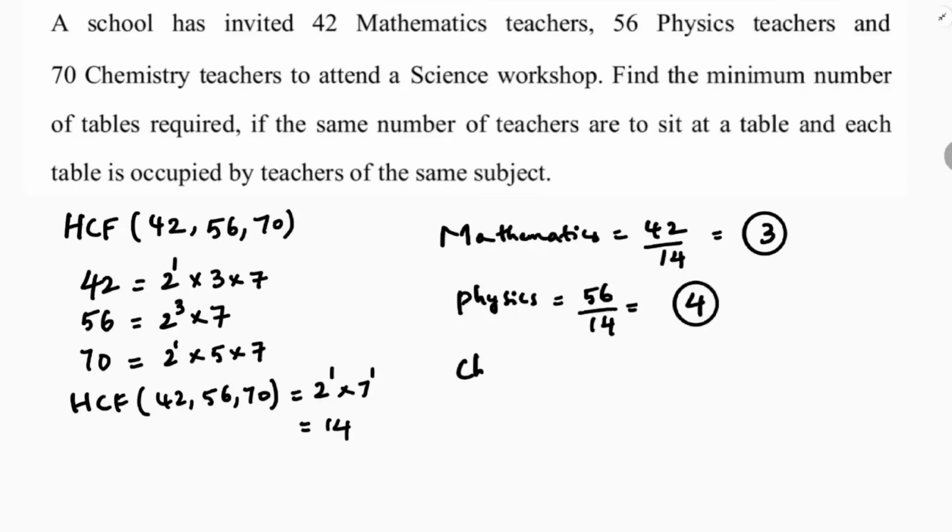Next, for chemistry, the total number of teachers is 70. On each table 14 teachers will sit. So it is 5.